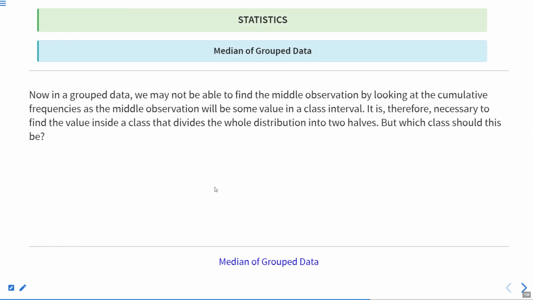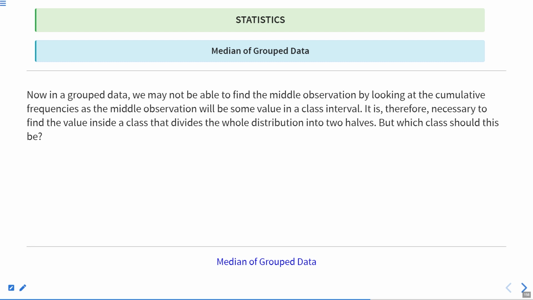From this table, in grouped data we may not be able to find the median observation by looking at the cumulative frequencies, as the median observation will be some value in a class interval. It is therefore necessary to find the value inside a class that divides the whole distribution into two halves.